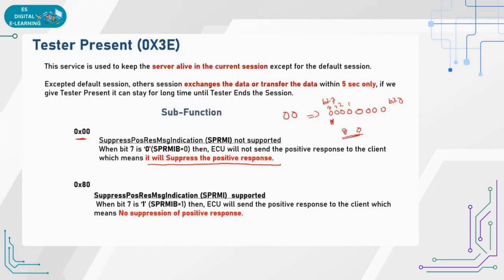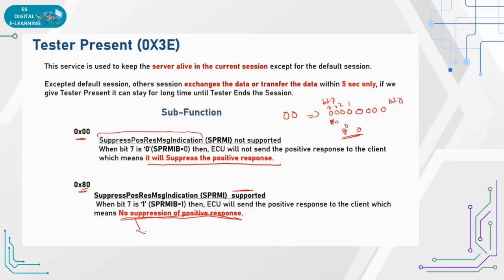This is my sub function. If it is 0, it is 0. So my 80 is bit 7 is 1. When bit 7 is 1, that means suppress positive response message indication is supported. 1 means it is supported. So the ECU will send the positive response to the client, means no suppression of positive response. This is a very important point. 80 means it won't suppress.